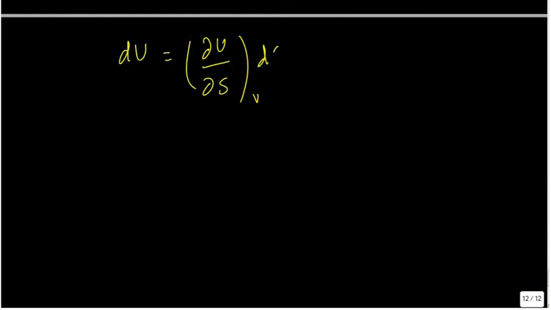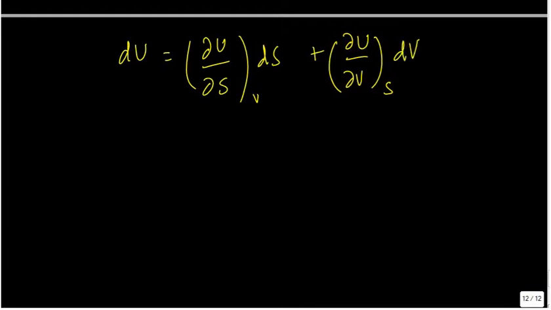So we'll evaluate pi T. To evaluate pi T, what I need to worry about is dU. We've just seen a couple of minutes ago that dU is a function of entropy and volume, so I'll write it like that: the change in U with entropy at constant volume, dS, plus the change in U with volume at constant entropy, dV.